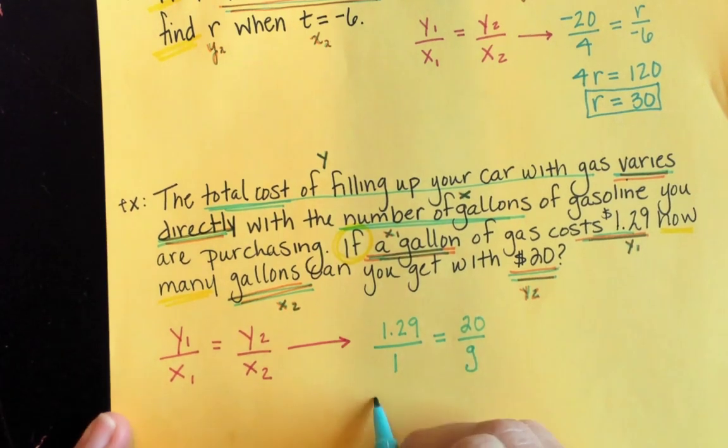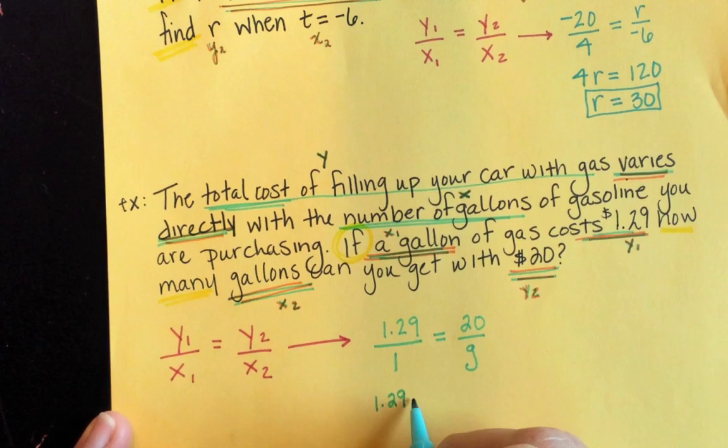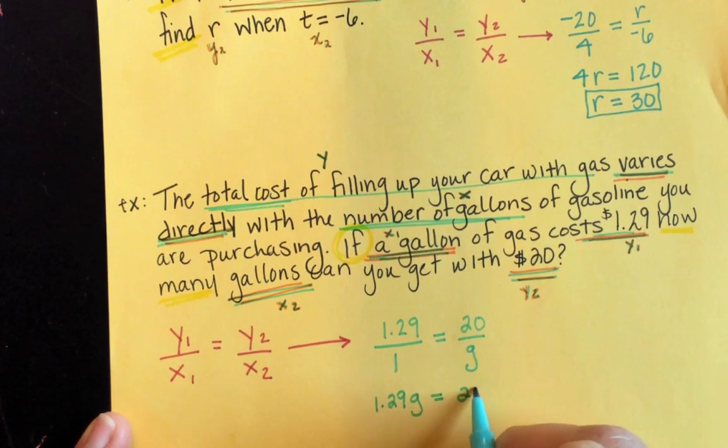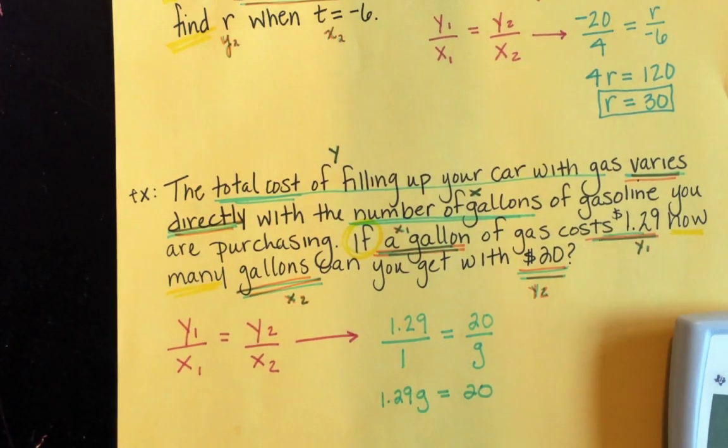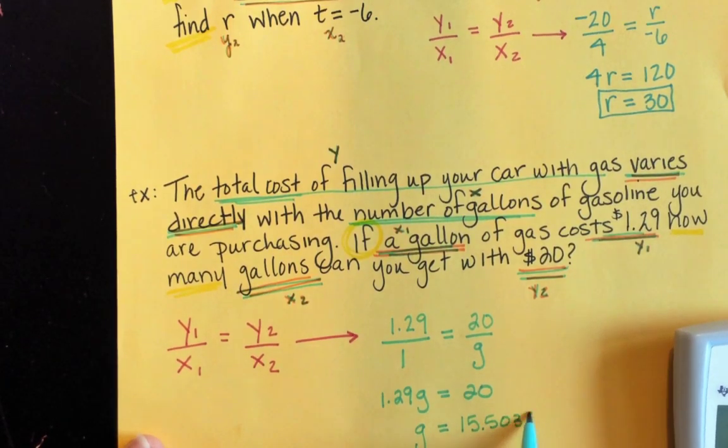So 129G will equal 20. And we're going to take 20 divided by 129. We end up that the number of gallons is about 15.5038.